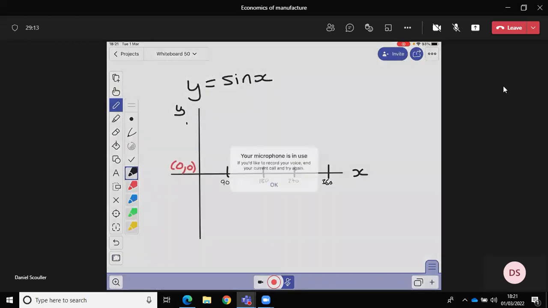The maximum is 1, with a dot. It crosses the x-axis again at 180. The minimum, when it's 270, is going to be -1. And again it finishes at 360. So a sine curve starting at 0, 0.